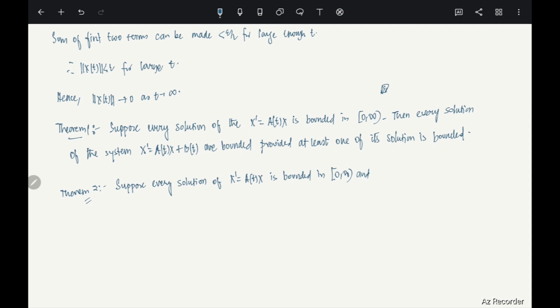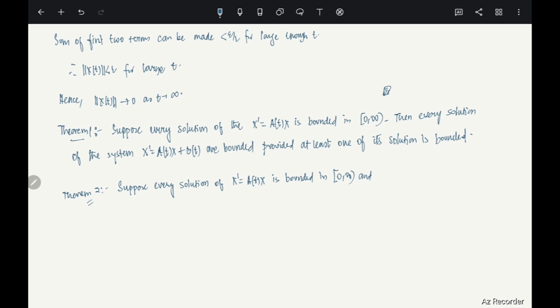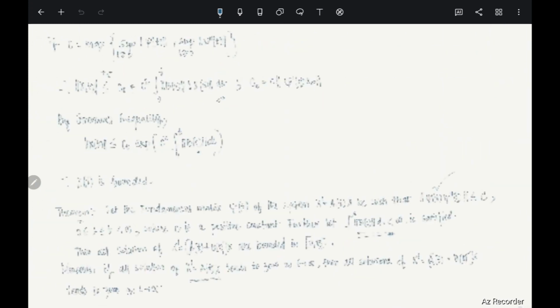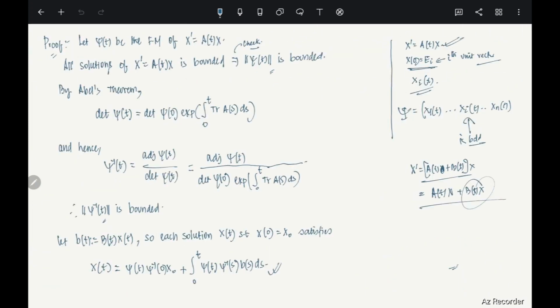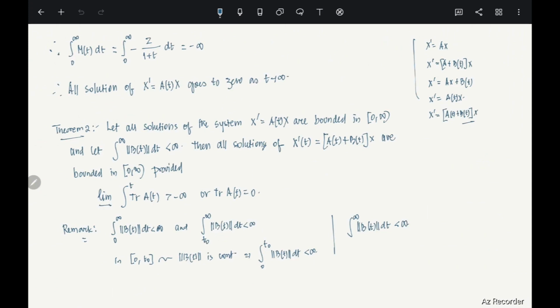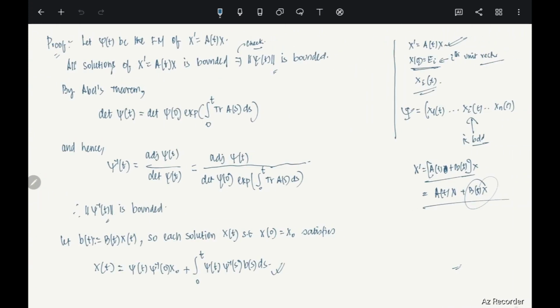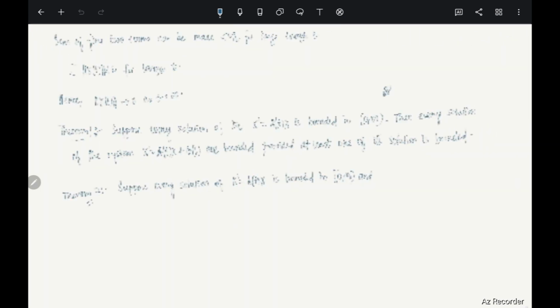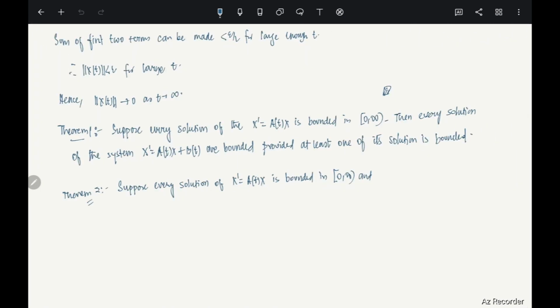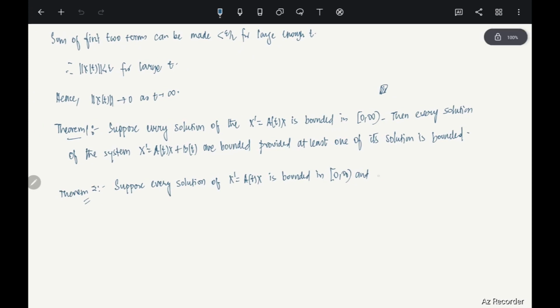Where did I write it? The trace condition, I wrote it somewhere. This one. So let's just call that condition star. This is the trace condition. And star is satisfied.